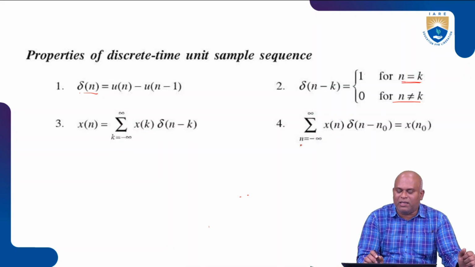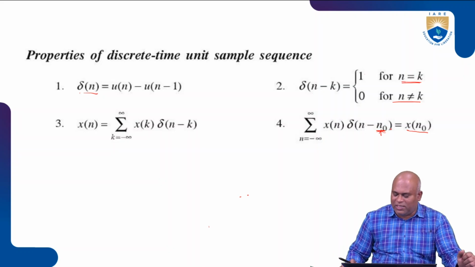Then the fourth property is the shifted version with n0. When shifted by n0, we get the same kind of signal in x[n]: the summation from n equal to minus infinity to plus infinity of x[n] δ[n - n0] gives x[n0]. So where the shift happens, we get this portion.